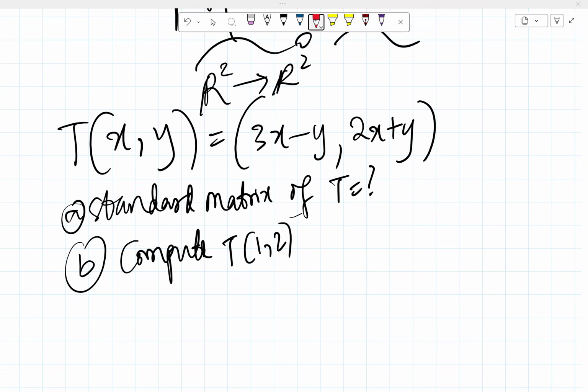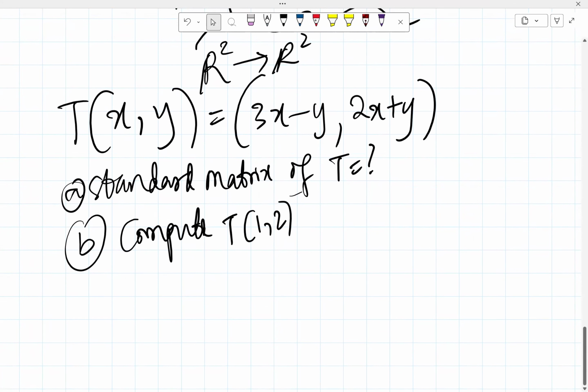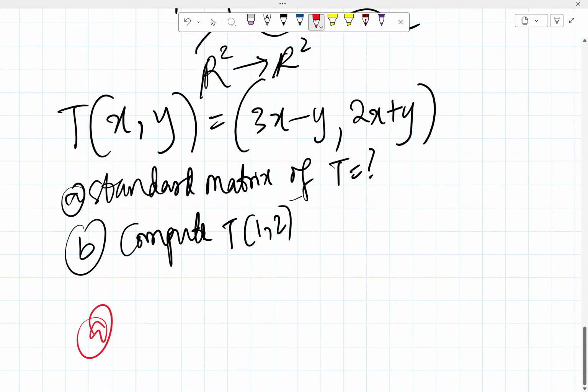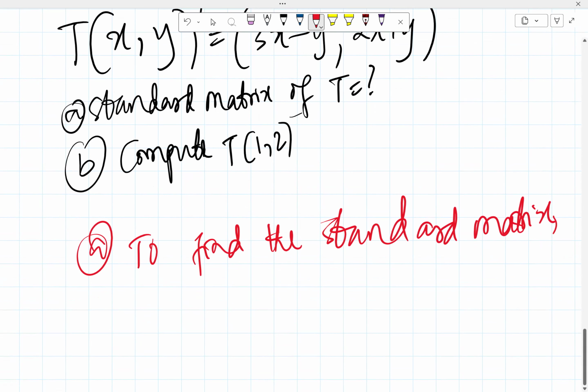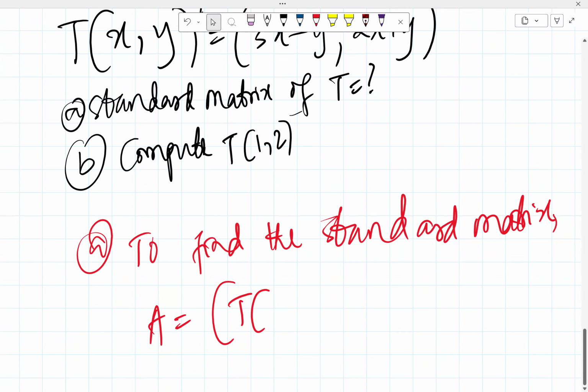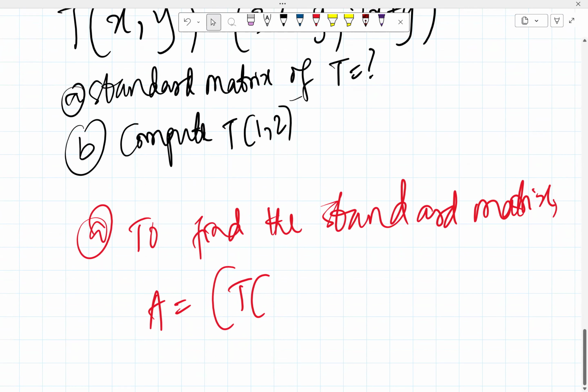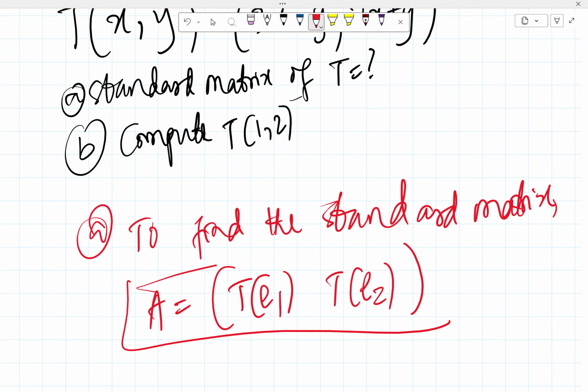First of all, we want to find the standard matrix A. Since we are talking in two dimensions, the standard matrix is the matrix of T(e1), T(e2). So a matrix that contains this is what we are looking for at the end of the day.